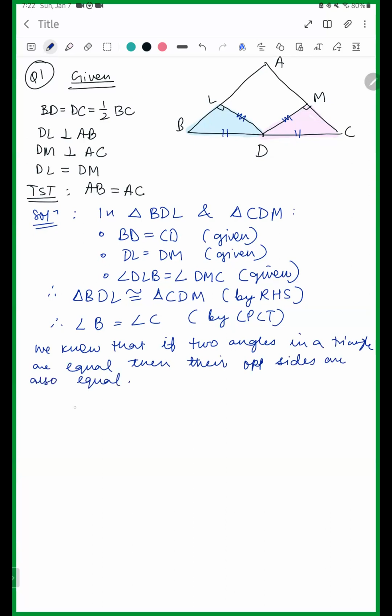If angle B becomes equal to angle C, then their opposite sides will be equal. That means AC is equal to AB. And that's what we needed to prove. Hence proved.